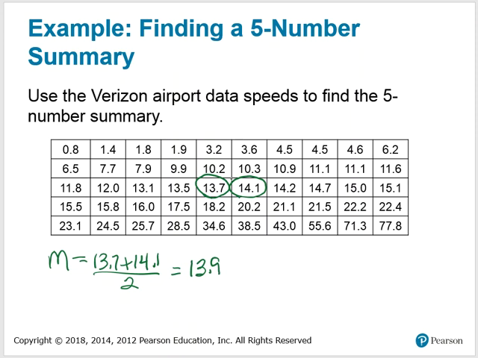So now that I have the median, which actually falls here in the group, I need to find quartile 1. So to find quartile 1, I'm going to take all the lower data, so that's everything below 13.7, and I'm going to find the middle of that group. So I have 25 numbers.